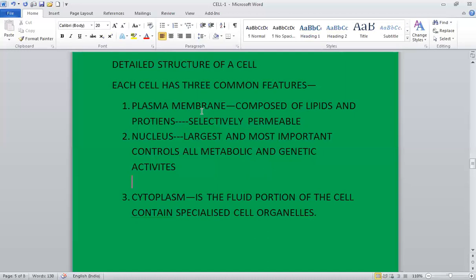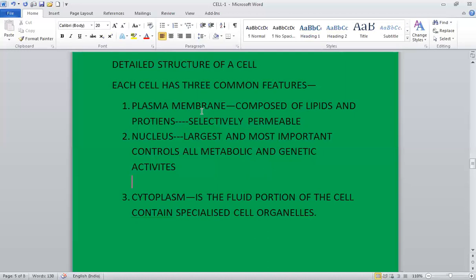Now, movement of a substance across the cell membrane is of two types. The first is passive transport and the second is active transport. Diffusion and osmosis all come under passive transport.